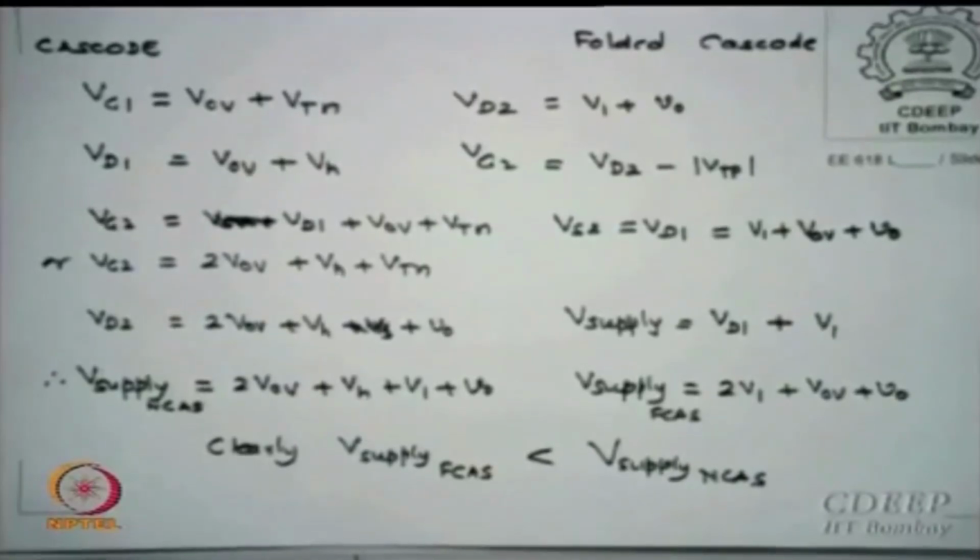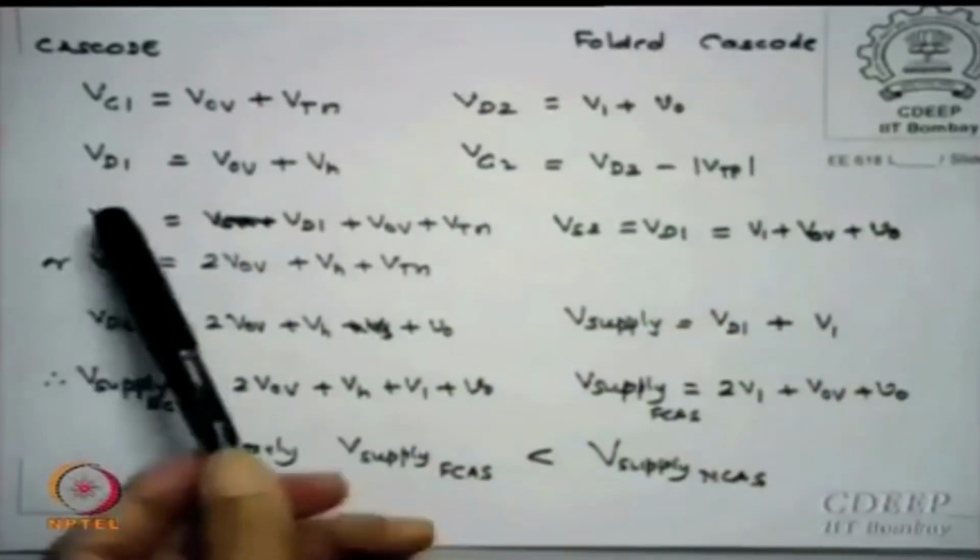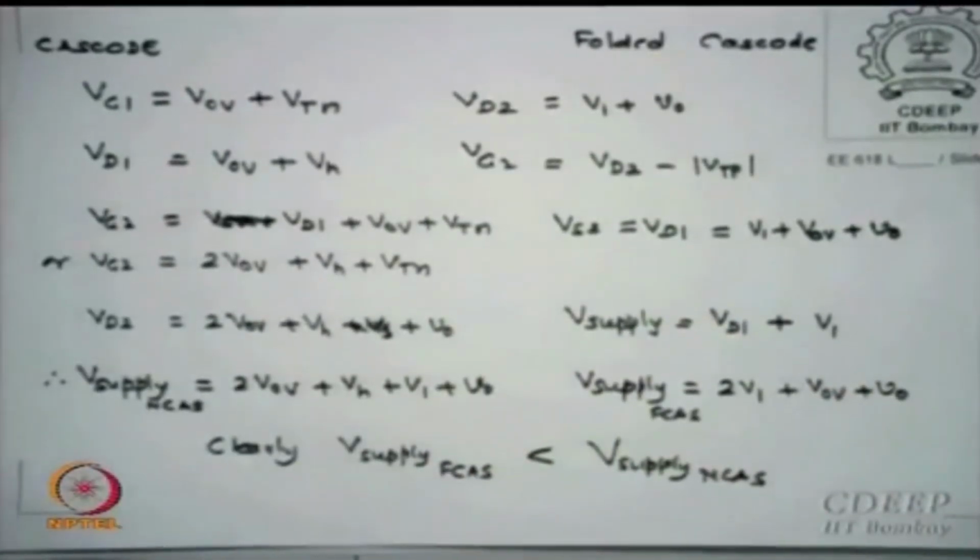how do we define VOV? Vg1 minus Vt, since the source is grounded, is VOV. So Vg1 is VOV plus Vt. What is VOV? Vgs minus Vt. Is that clear? What is Vd1, which is our VO1 shown there?